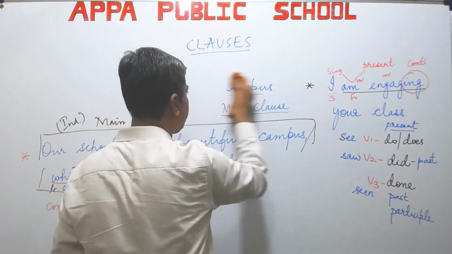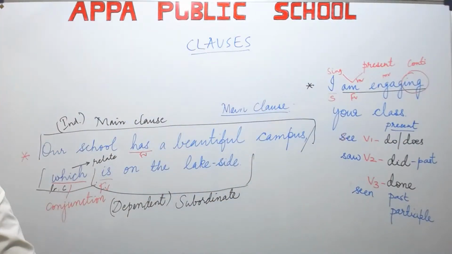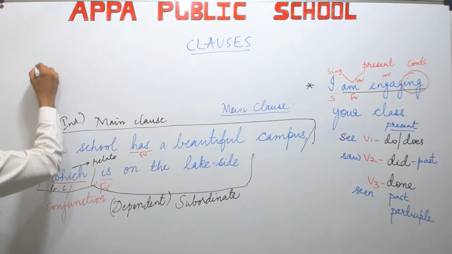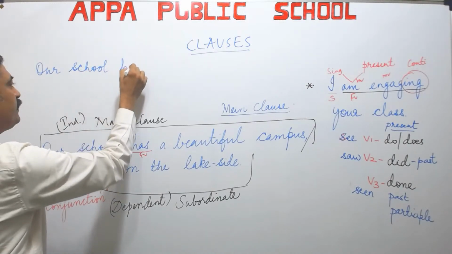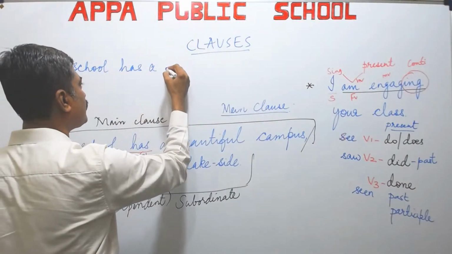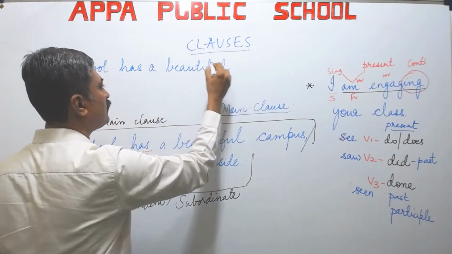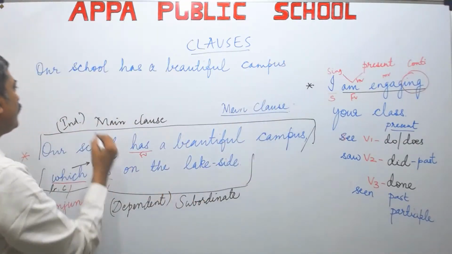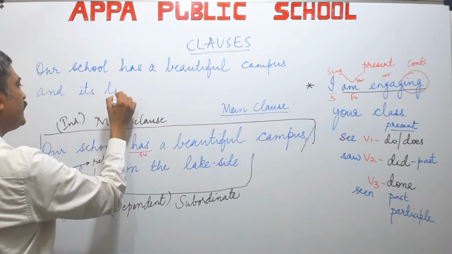Okay. So let's see what that example can be. I'll try keeping with the same context. Our school has a beautiful campus, and it's located.